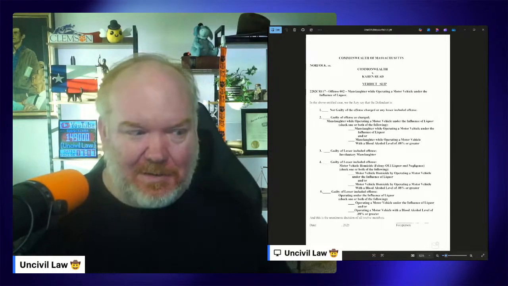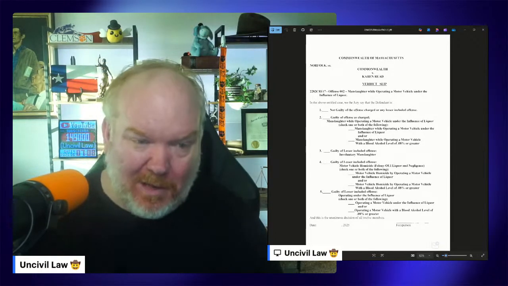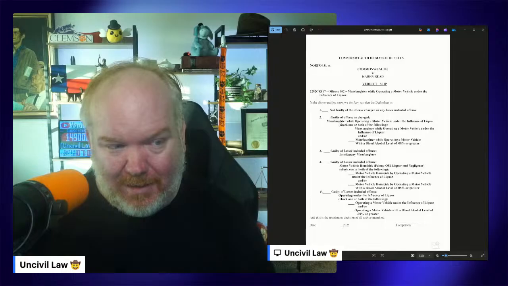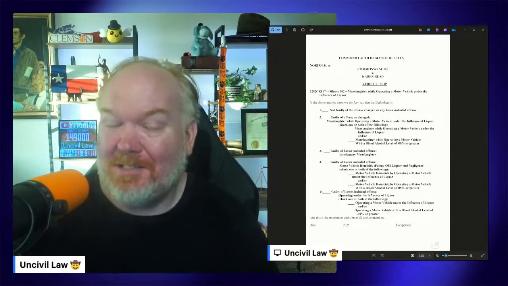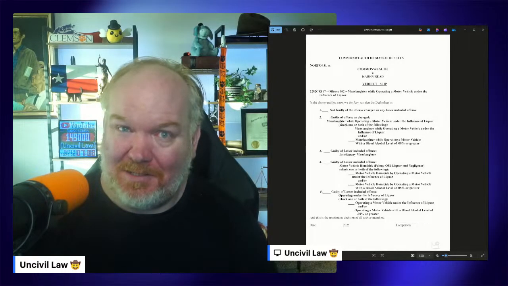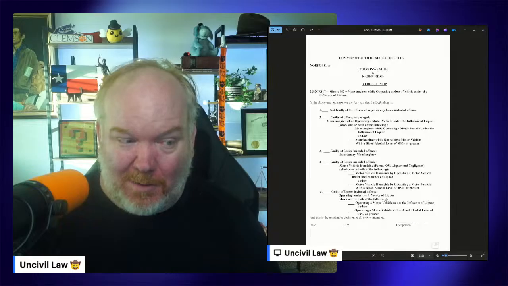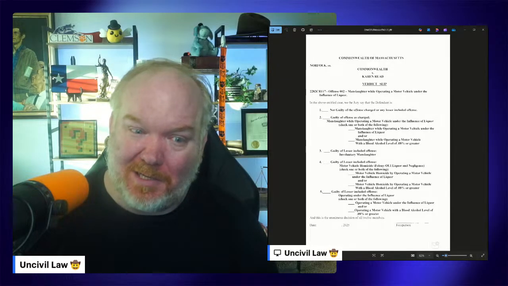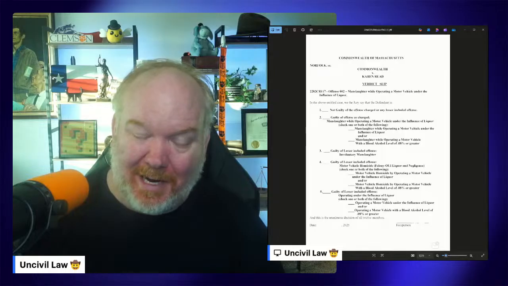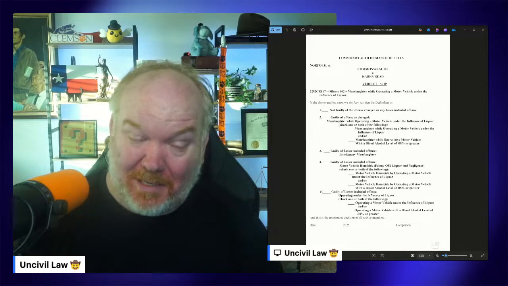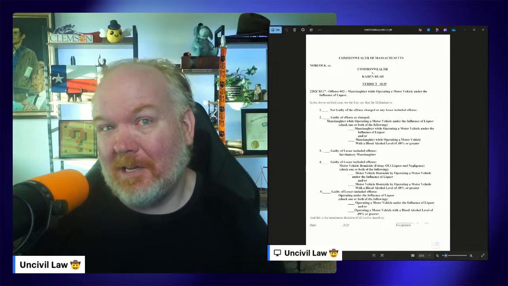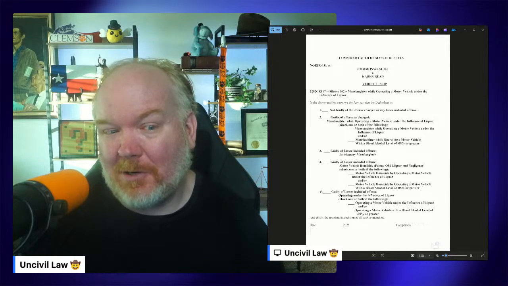Then we get to the lesser included of motor vehicle homicide, which is now just a felony DUI liquor with negligence. So now we only need negligence, but also with the DUI, because normally negligence alone is not going to get you there, right? Normally it's not sufficient, but here we're adding something. Negligence is not normally enough for manslaughter and murder, I should say.